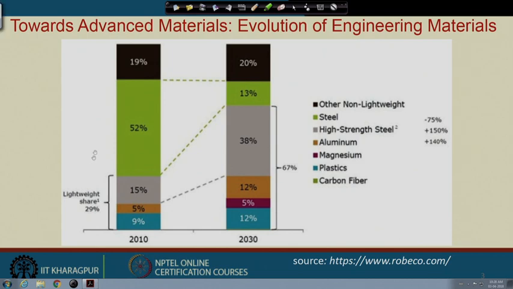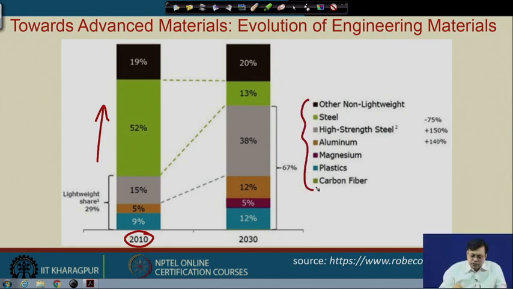Here the percentage share is shown on the y axis, and on the x axis are the different kinds of materials which have been used or underused so far, and in 2030 the predicted materials to be used.